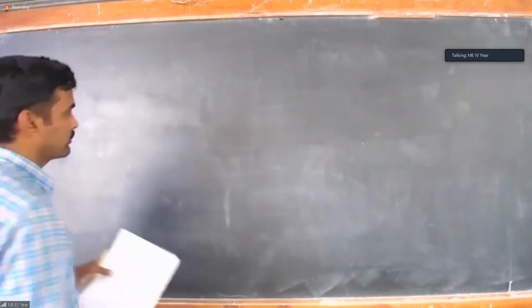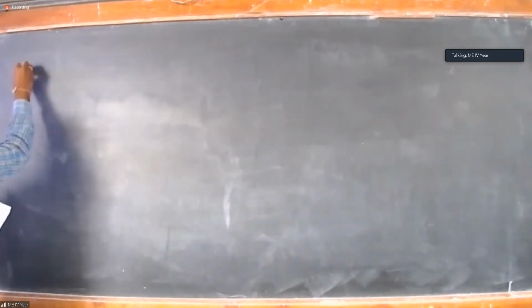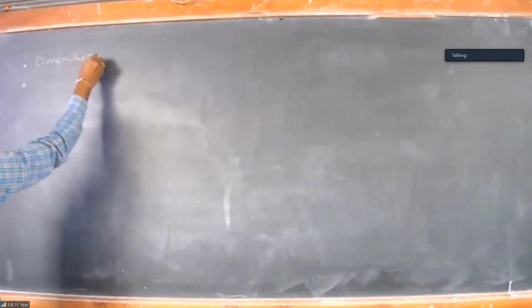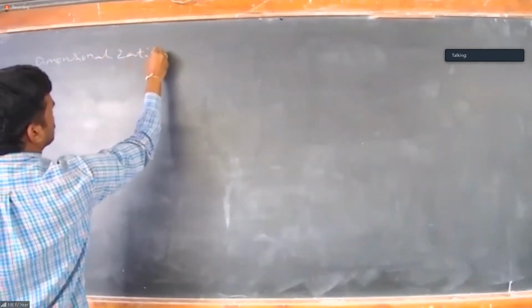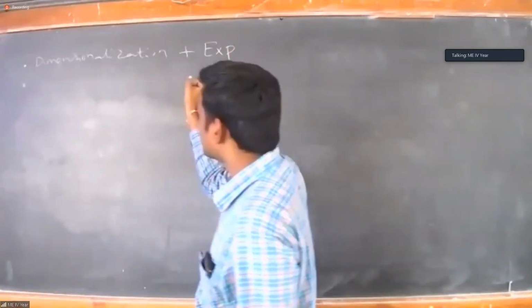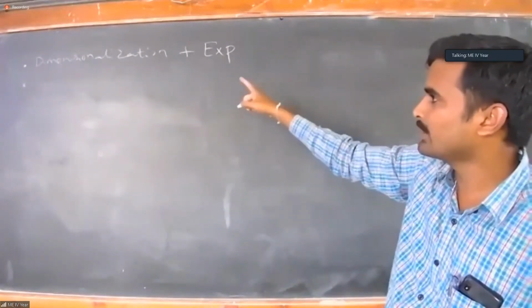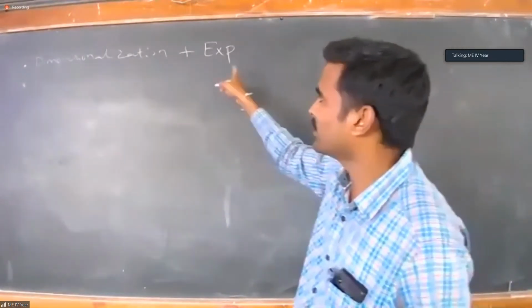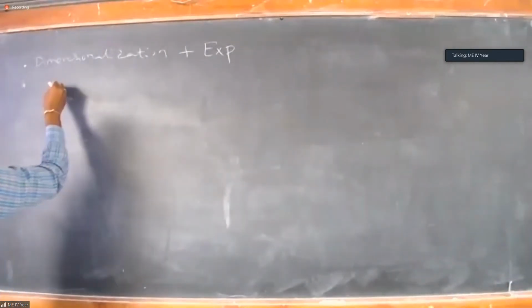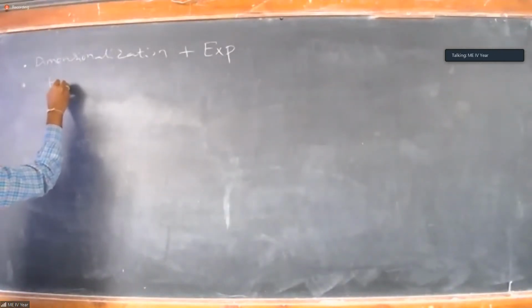Before going into that, there are two ways. One is dimensionality. You use both of these tools to find out the heat transfer coefficient. This is one way. Another way is from mechanical.